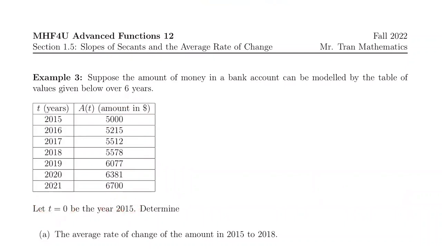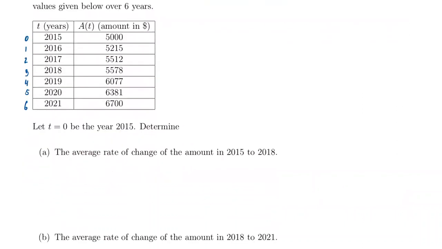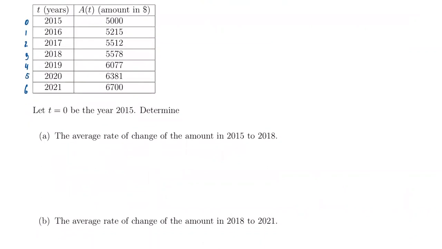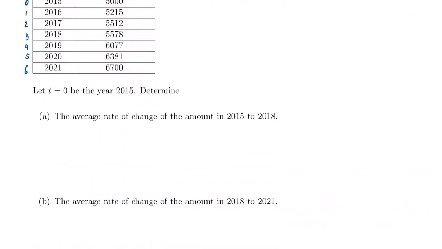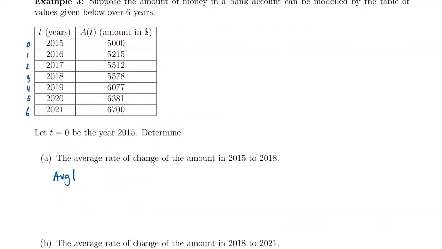So that means we would be saying year 0, 1, 2, 3, 4, 5, and 6. Let's determine the average rate of change of the amount from 2015 to 2018. So 2015 would be 0, and 2018 would be year 3.